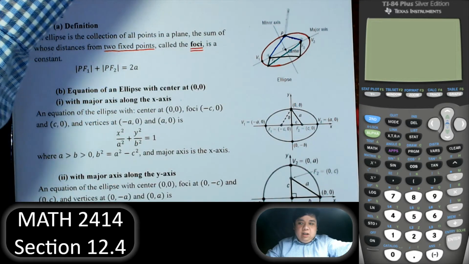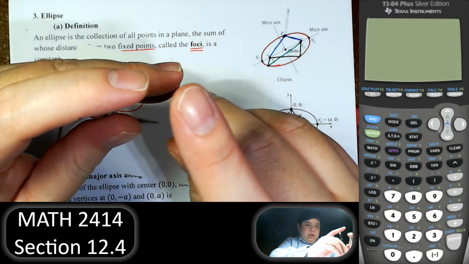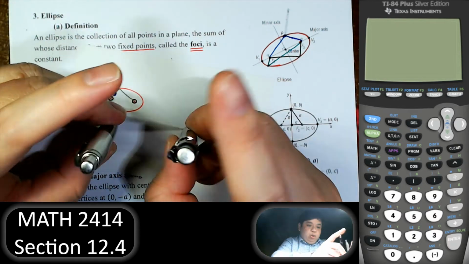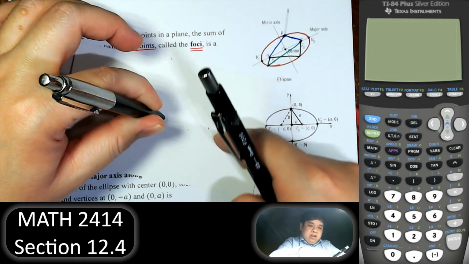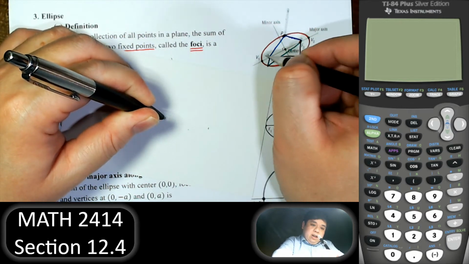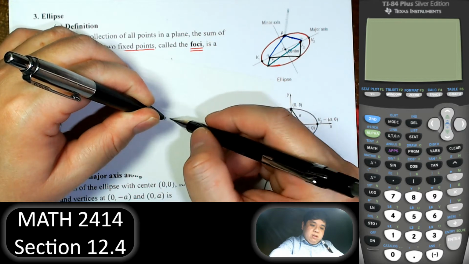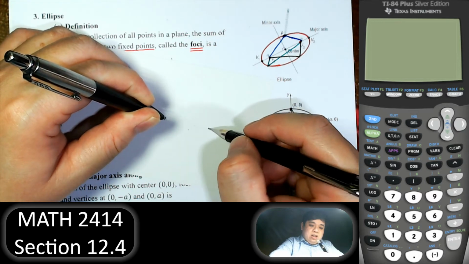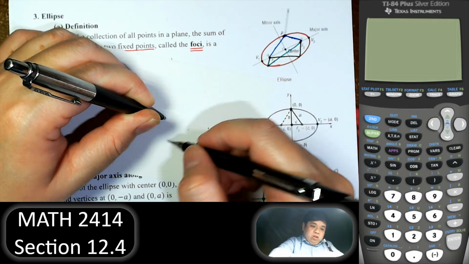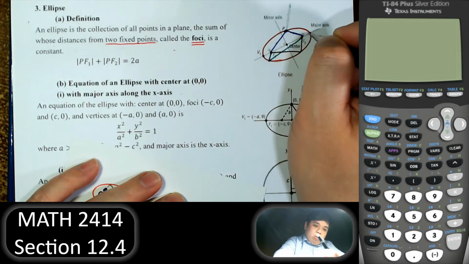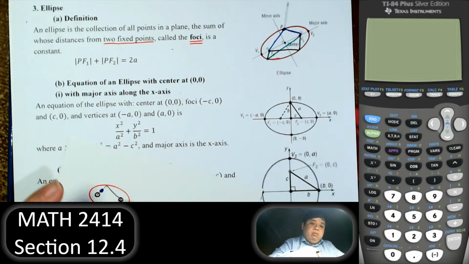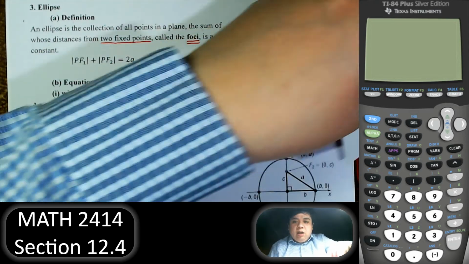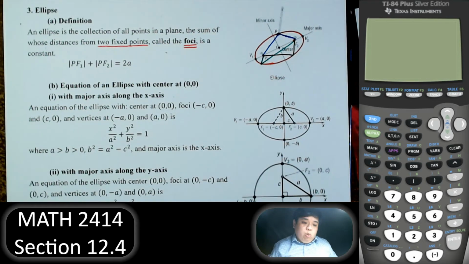We have two fixed points for two foci, and a string that is longer than twice the distance here. As long as we keep the tension on the string and trace around, we should be able to draw an ellipse. But having said that, that is not the way we usually draw an ellipse.